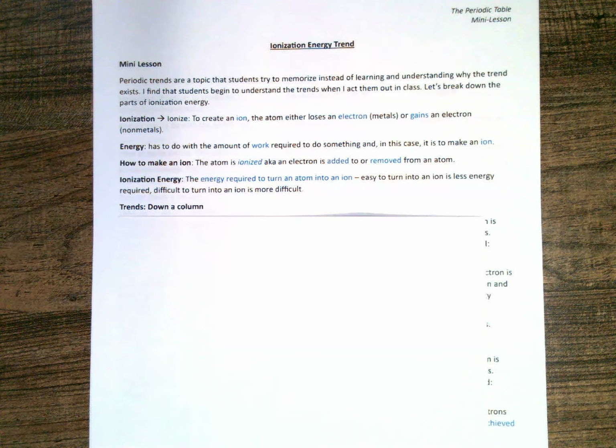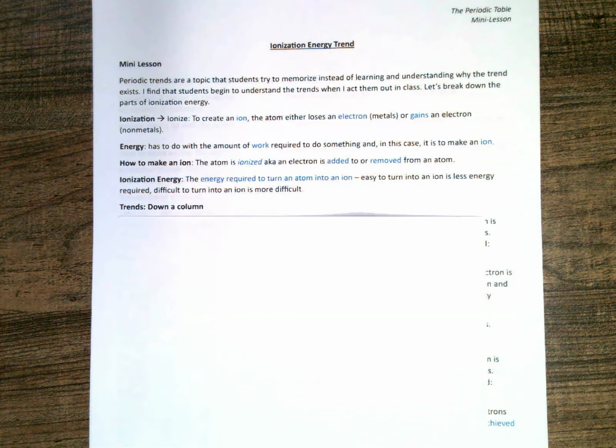Then we talk about energy. We say, well, what is energy? And even though they might not have had a physics class, we talk about how you expend a lot of energy, or you're tired because you're lacking energy because you did a lot of work. So energy is the amount of work required to do something. In this case, we're focusing on making ions, so energy to make ions.